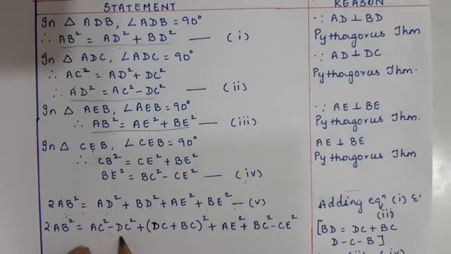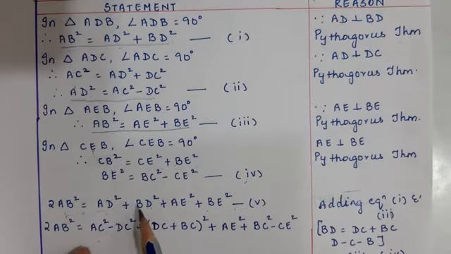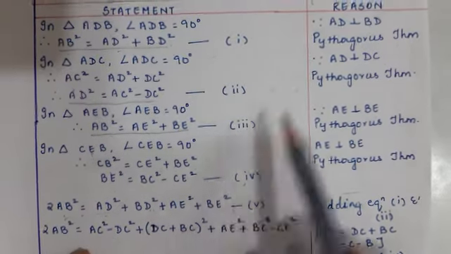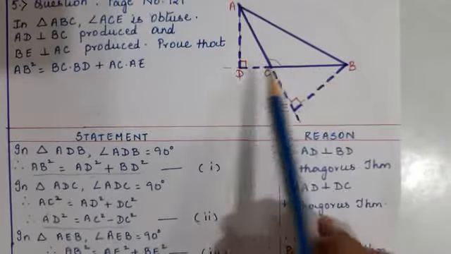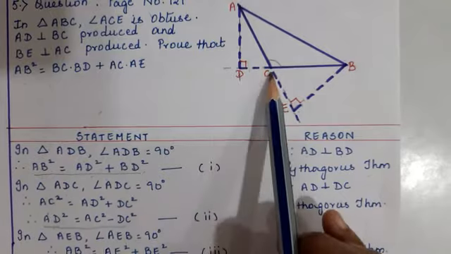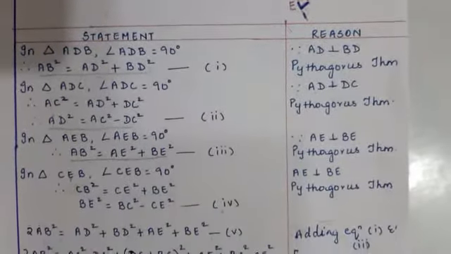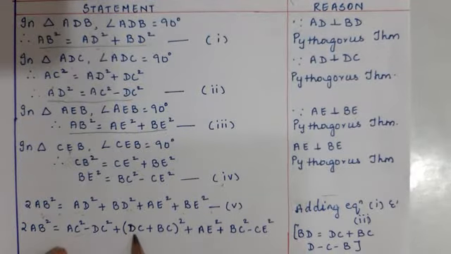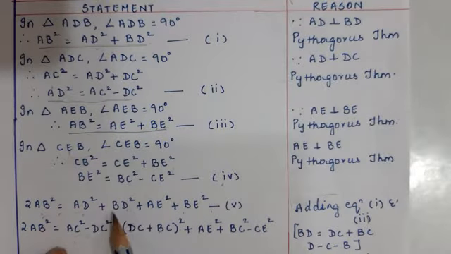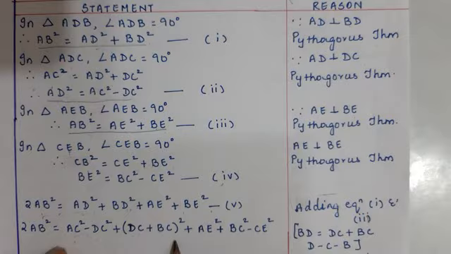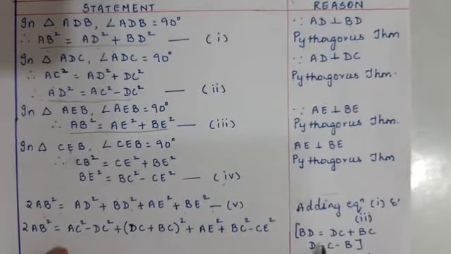I hope you all understood this. And BD is nothing but DC plus BC. If you see the figure, BD is nothing but DC plus BC because they are collinear points. I have also mentioned this in the reason column.